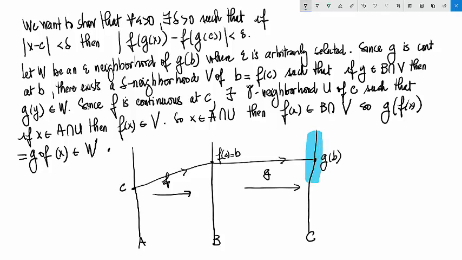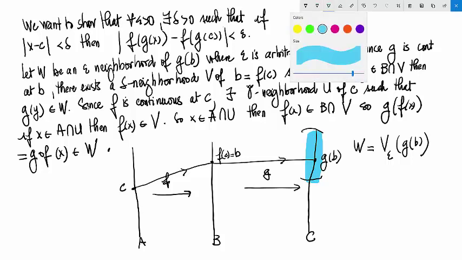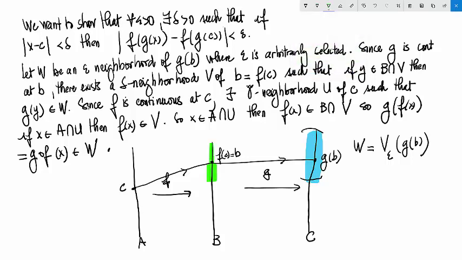Right, so this is W, which is a V epsilon of g of b. And then since g is continuous, we can find a neighborhood around little b, which is f of c, and we call this neighborhood V. Let me put it in green. So I can find this neighborhood by the continuity of g.